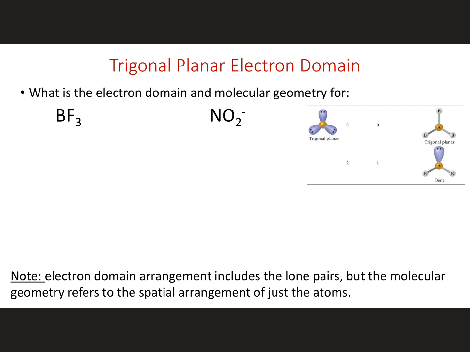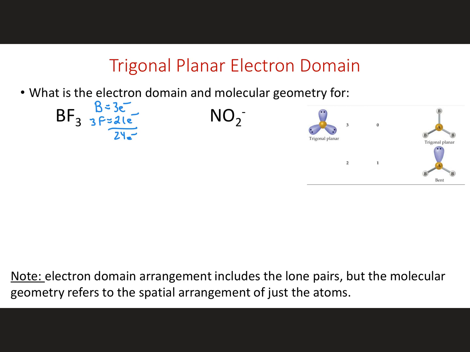All right, we're moving one down the table now. Now I've got boron trifluoride and I've got nitrite, the anion. So the first step is to figure out the electron domain geometry and the molecular geometry for both of these. All right, boron, as we already said, has 3 valence electrons. I have 3 fluorines with 7 electrons each, so that's 21 electrons, 24 electrons to assign.